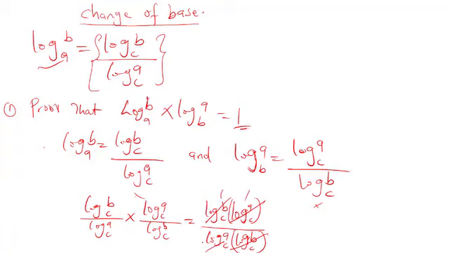This is 1, this is 1, this is 1, this is 1. So we now have 1 times 1 over 1 times 1. 1 times 1 is 1 over 1, so 1 divided by 1 is 1. With this, we have been able to prove that log_b a times log_a b equals 1, which shows that the logarithm of a to base b is equal to log_b c all over log_a c.